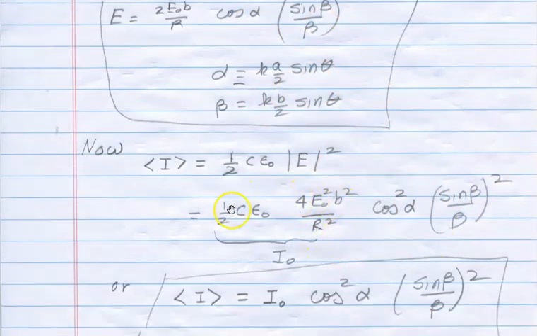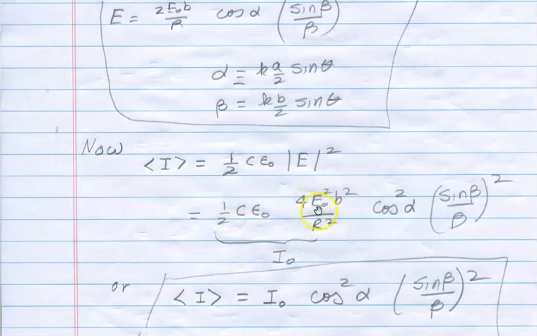Again, all of this we can lump into a single parameter, which I usually call I naught. Notice that b is the slit width. So as it gets very small, the intensity out here gets smaller and smaller as b squared.